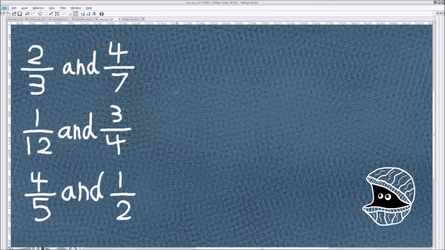Okay, so we're back. We have 2/3 and 4/7. So if we listed out the multiples of 7 and 3, we would have found that the lowest common denominator would have been 21, which would have been 7 times 3 equals 21, and 3 times 7 equals 21.